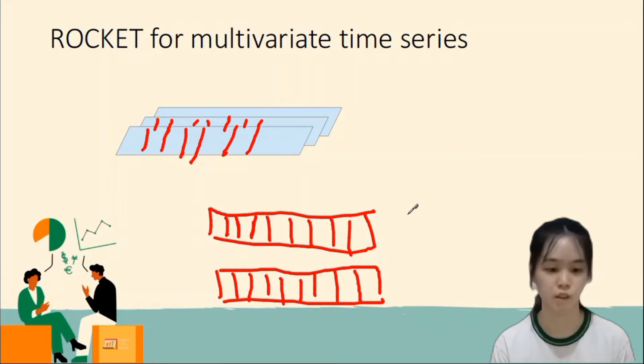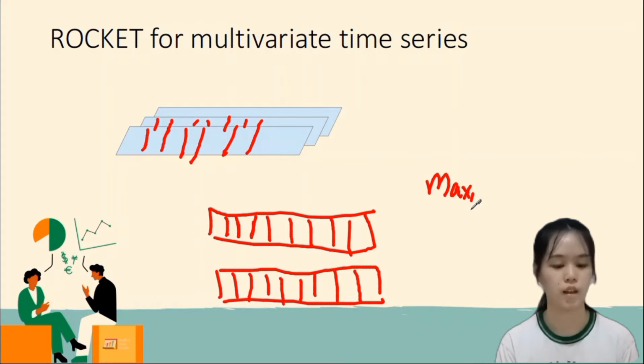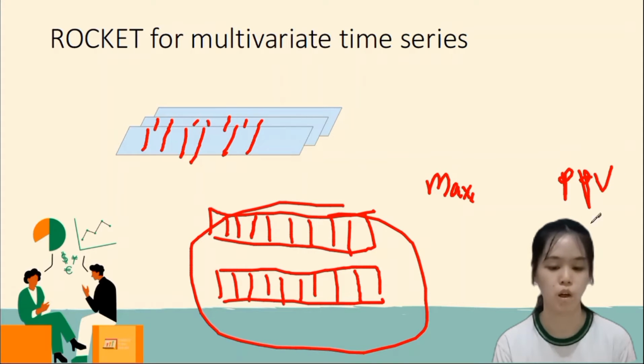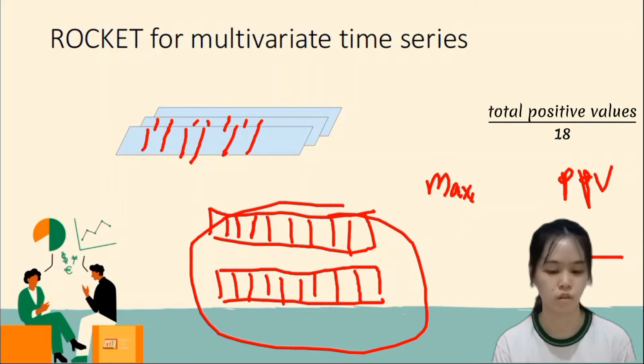The maximum value, the first aggregate feature, would be the maximum value among all these 18 values. And the proportion of positive values would be the total positive values out of the 18 values out there.